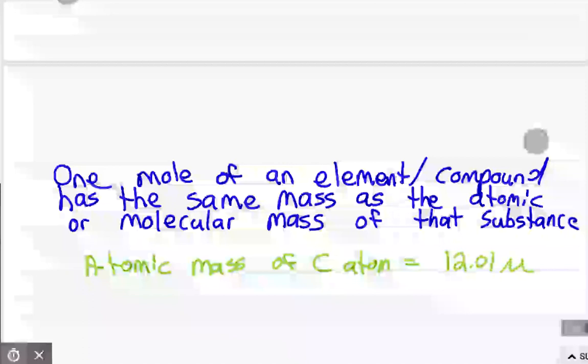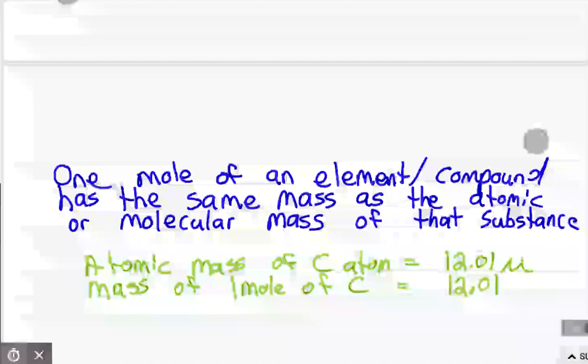But if you were to take 1 mole of carbon and measure the mass, you would find that it weighs 12.01 grams.